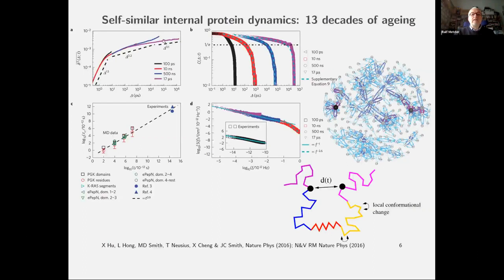It especially does not reach saturation, something you would expect from an ensemble average, and I will come back to that in a second. They also see that the correlation function of the motion has a shape that is dependent on how much of the trajectory you analyze.